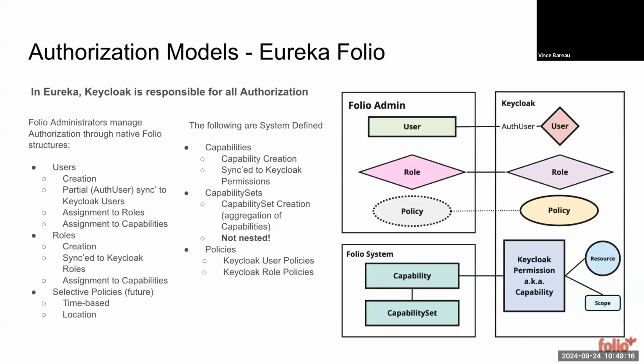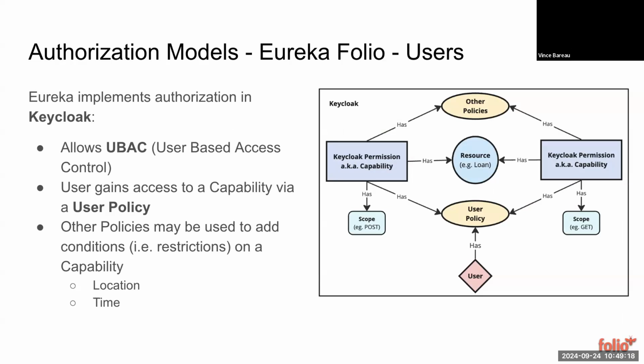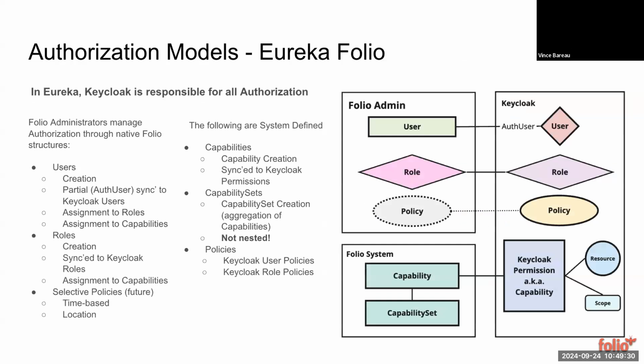Everything that I've described here is contained within Keycloak. This is the Keycloak model that we've implemented to provision the ability to grant authorization to users. Now, that's not Folio, that's Keycloak, right? So how is this going to work in Folio? How do I manage these things? We have a correspondence in data models between what happens in Keycloak and what happens in Folio.